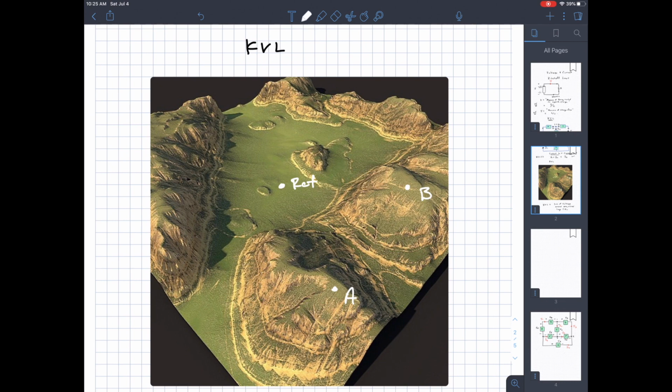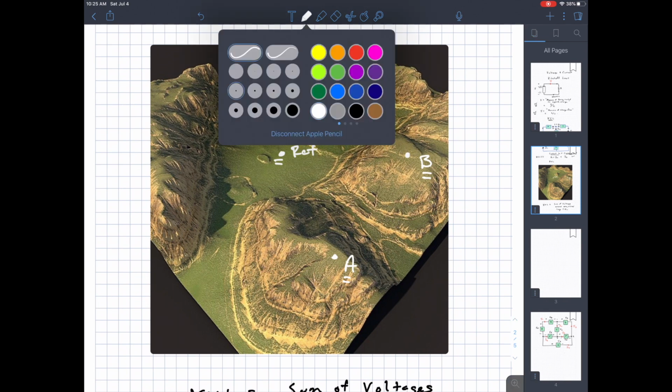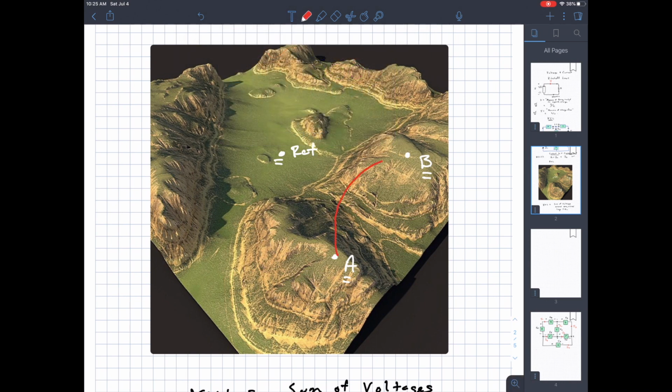So with respect to the reference, the gravitational potential is proportional to the elevation at point A. And the same thing for point B, the gravitational potential is proportional to the elevation with respect to the reference at point B. Okay, so to me it looks like in this diagram that point A is higher than point B. So let's talk about what would happen if we move from point A to point B. If we do that, we're giving up potential energy.